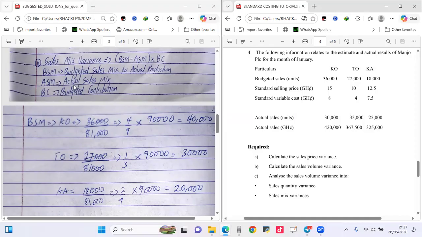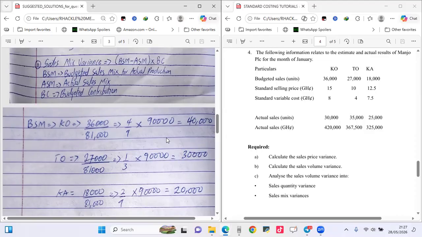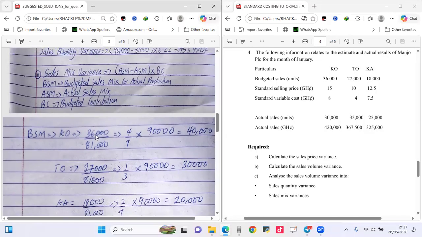All right, so the budgeted sales mix for actual production, we just find the proportion and then multiply by the actual production, because we said budgeted sales mix for actual production. So we take each one of the budgeted sales divided by the total, like the way we did for the material mix.